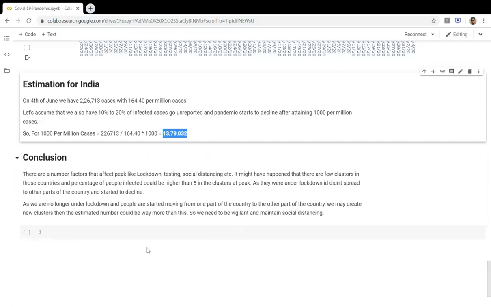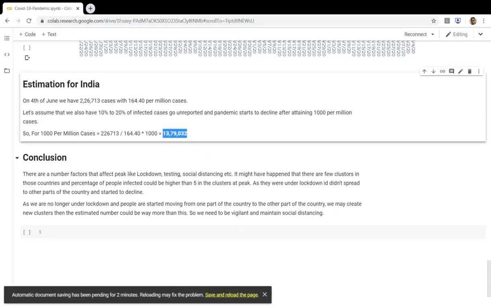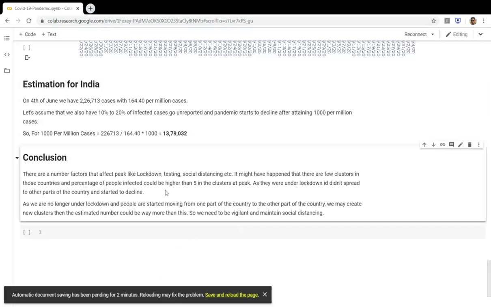As clusters form, to achieve some sort of immunity, maybe 10 to 20% of the population needs to be infected when it starts to decline. So we need to be vigilant and maintain social distancing. And again, I'm saying that this observation could be wrong in real scenarios. So this is just an estimation.